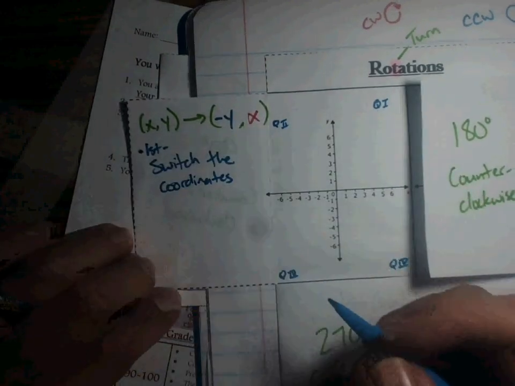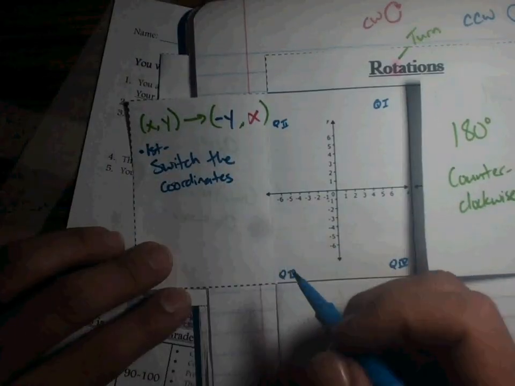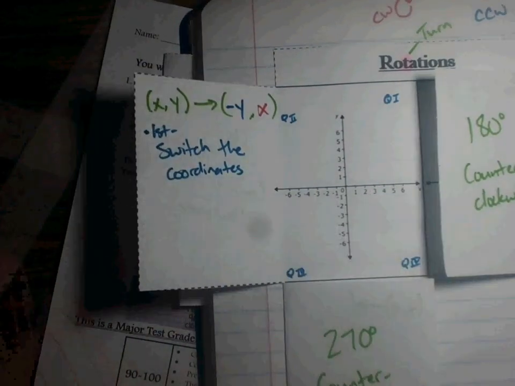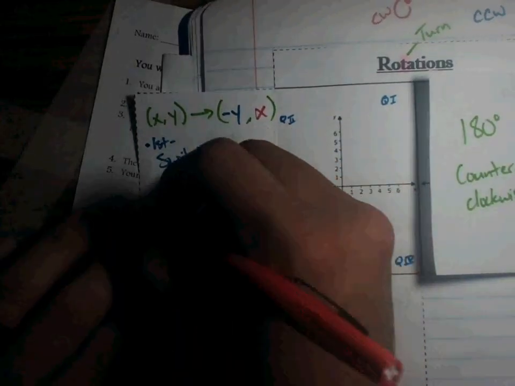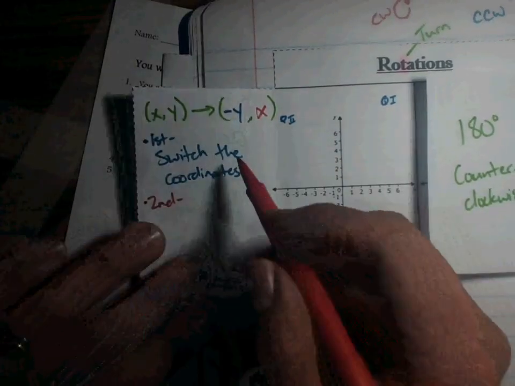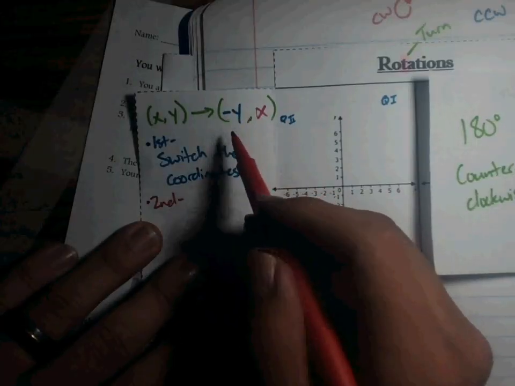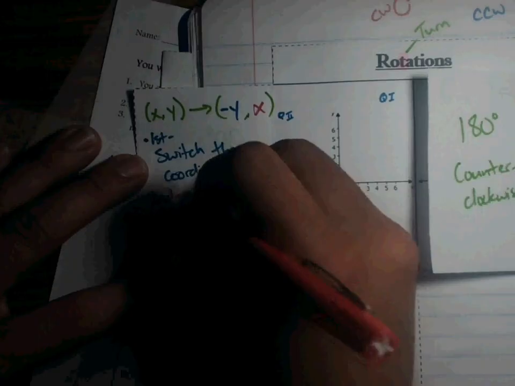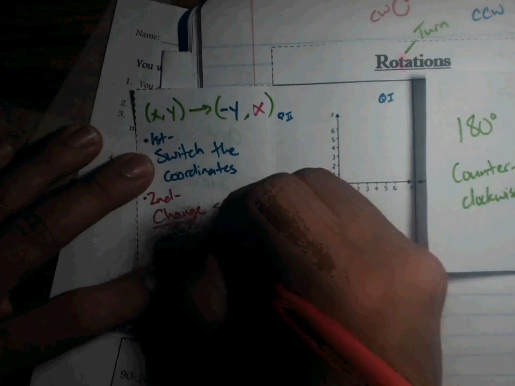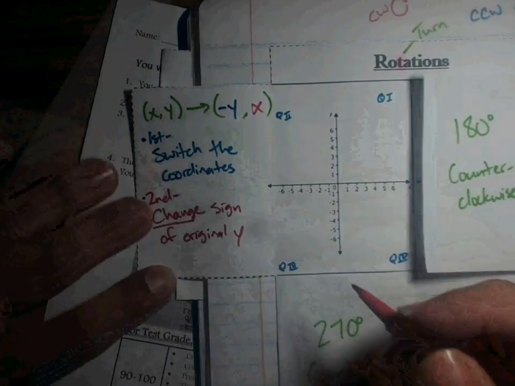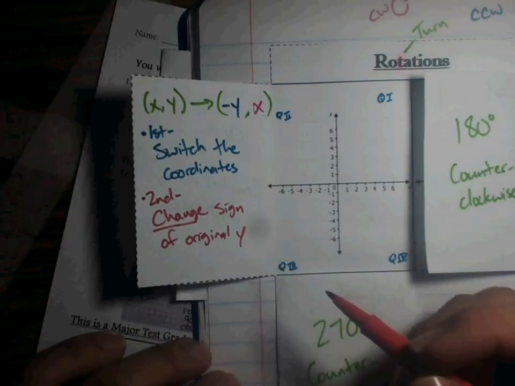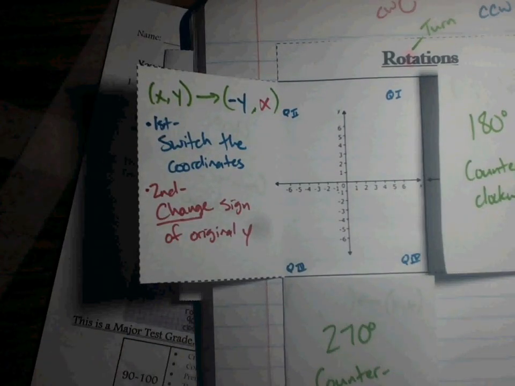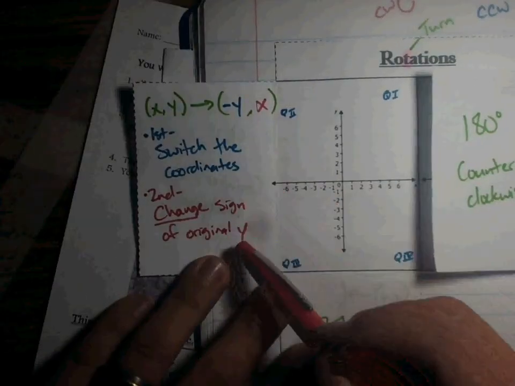Switch the coordinates, and then change the sign of whatever your y was. Change the sign of the original y. So in this case, we switch the coordinates and we change the sign of the y. So look out for that.